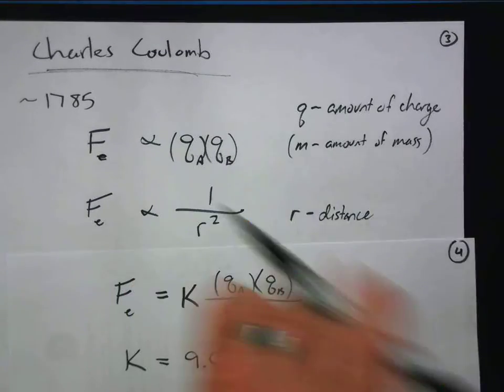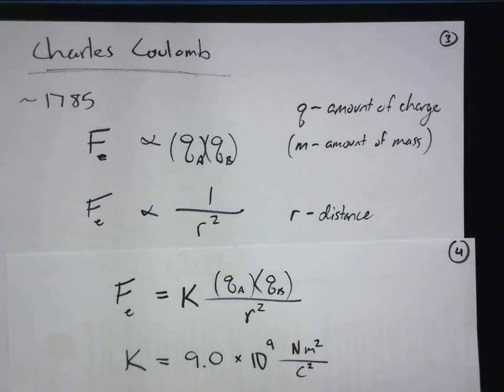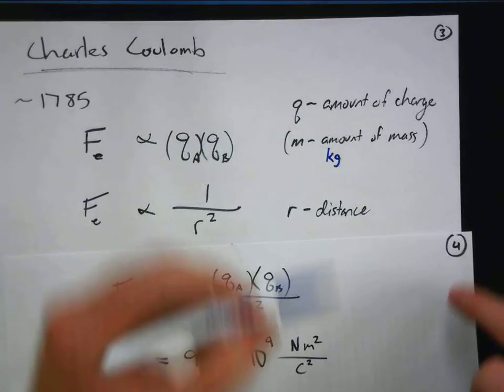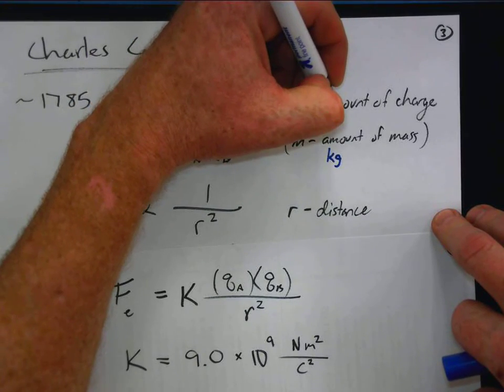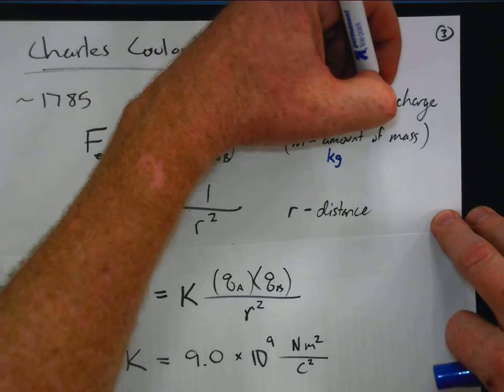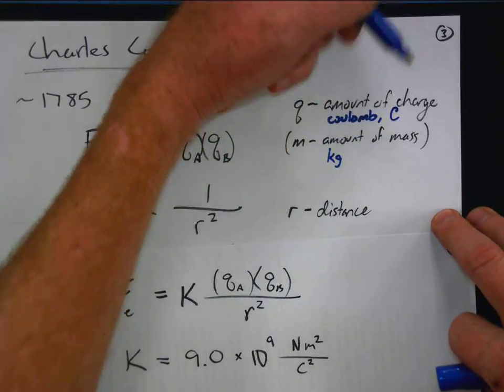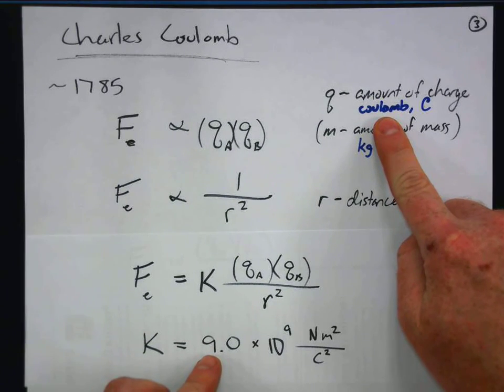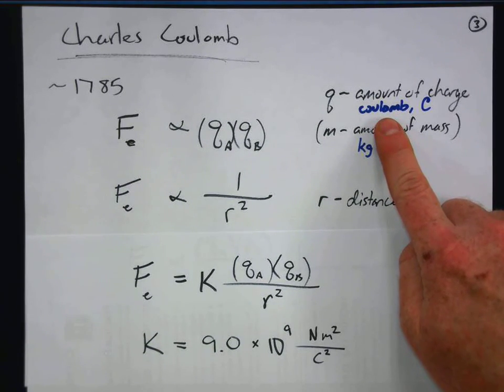Let me write that down up here for you. Check that out. You know, with mass, we measure mass with kilograms. Well, with charge, we measure charge with coulombs, or capital C, right? So you want to learn that. You want to be able to talk about coulombs if you're talking about how much charge there is.